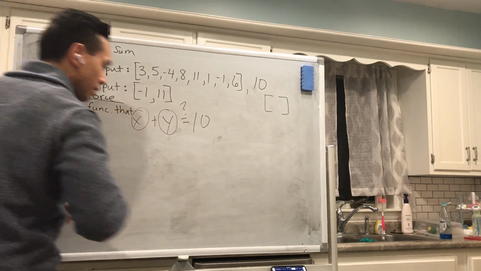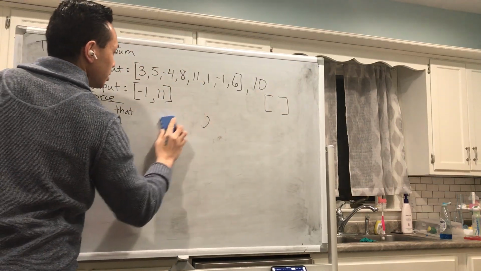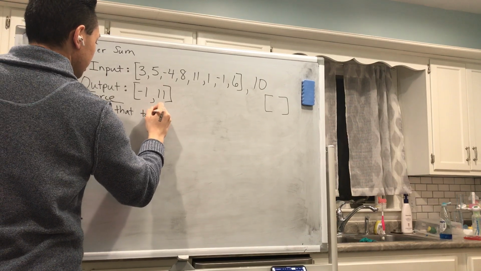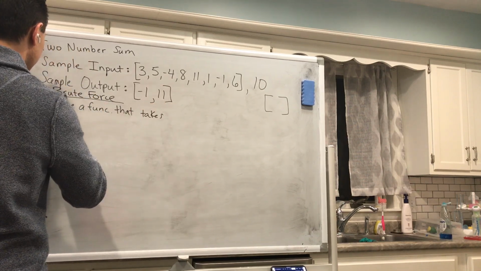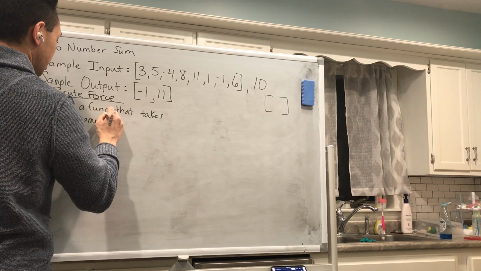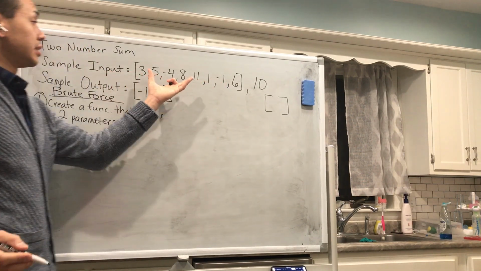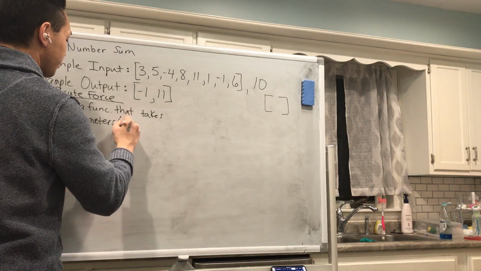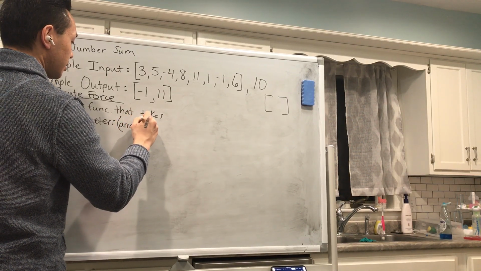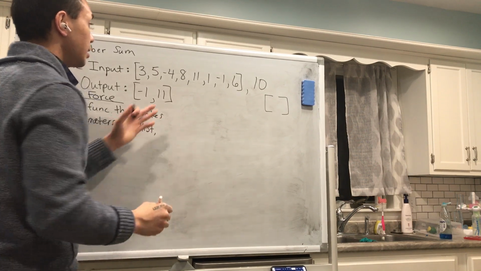Let's get rid of these to make for some more room. So create a function that takes in two parameters, and like we talked about before, or as we see in the example there, the first one's going to be an array, or in Python, a list of distinct integers, right?